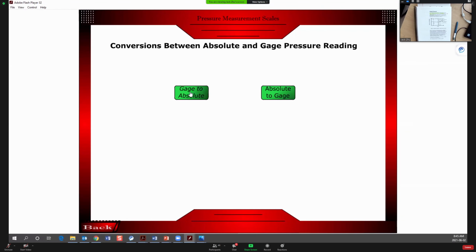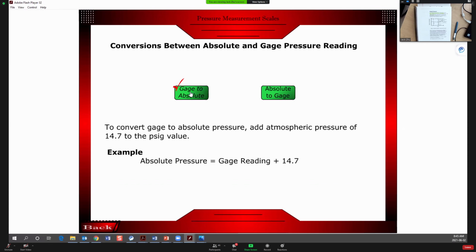The conversion: to convert the gauge to absolute pressure, you need to add the atmospheric pressure value on top. This is also a very important point.